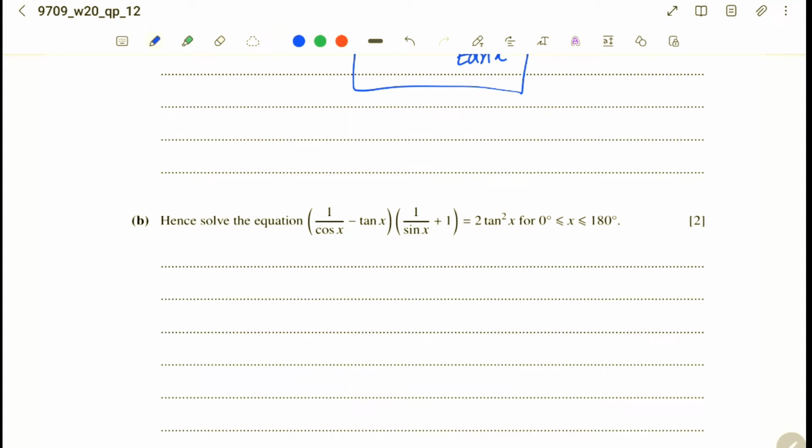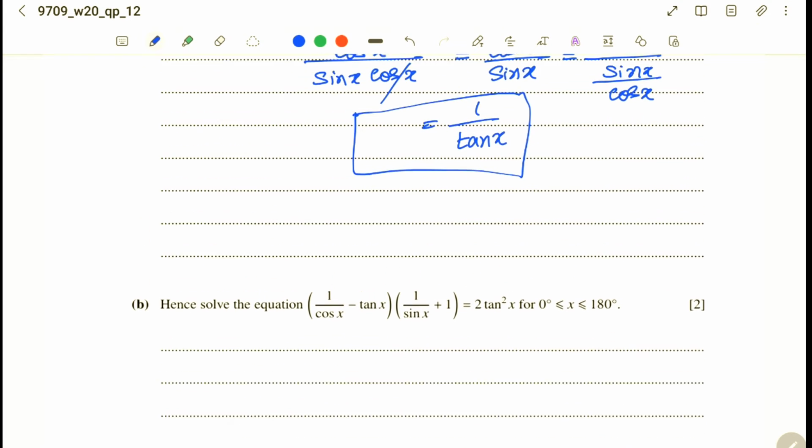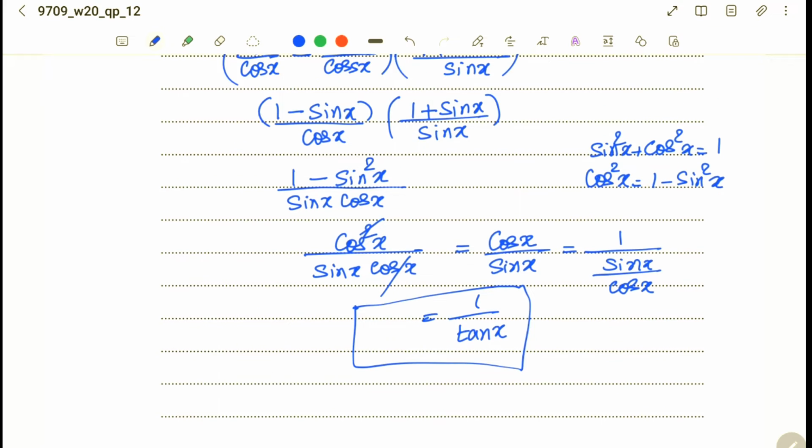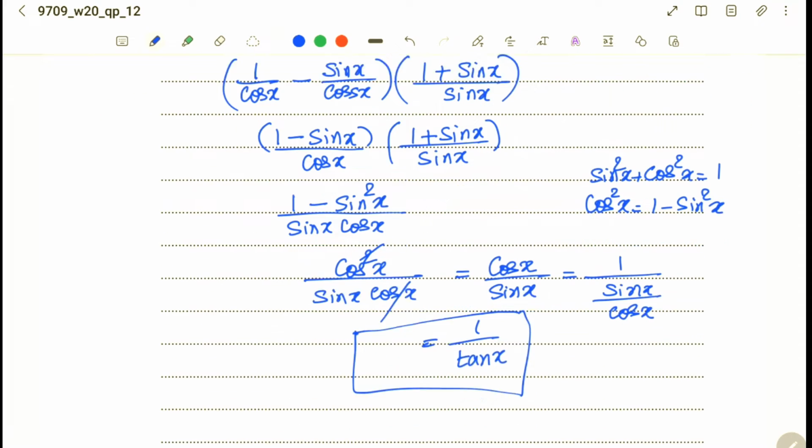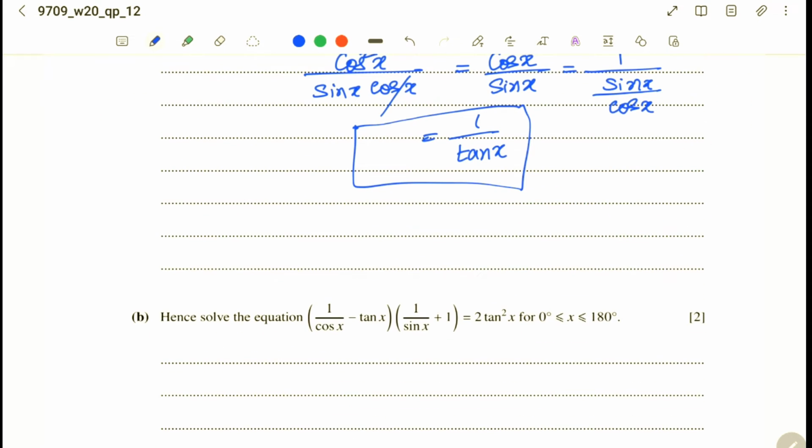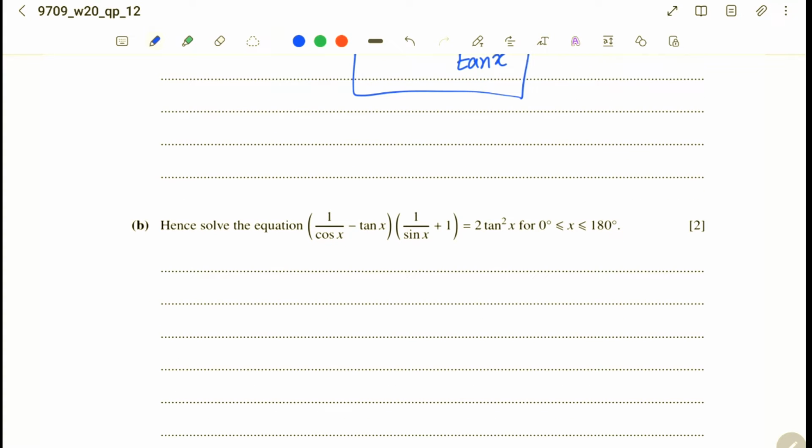So the next part of the question is, hence solve the equation (1 over cos x minus tan x) multiplied by (1 over sin x plus 1) equals 2 tan square x. Left hand side we have the same expression, so we know that can be written as 1 over tan x, equal to 2 tan square x.